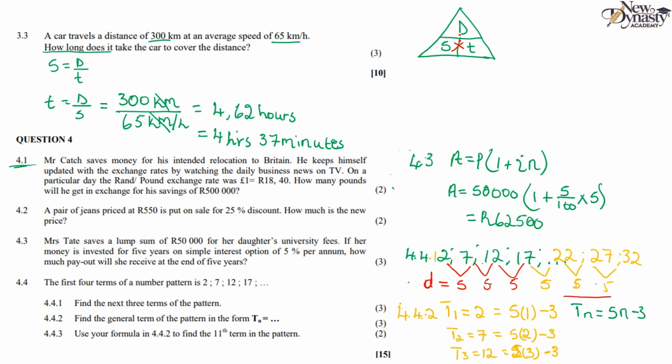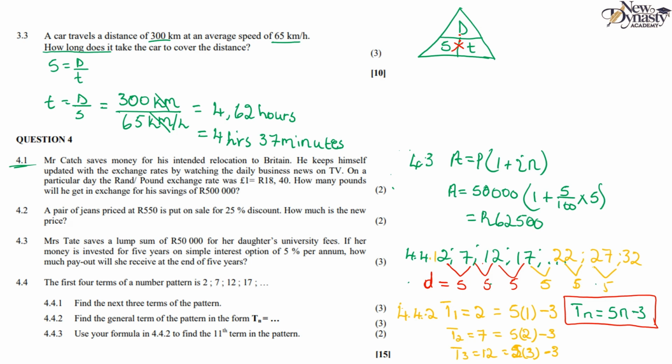And that's how you do your general term. I hope you do understand that. It's better if you practice this time and time again with different patterns, so that you get to be able to do any question that is given to you. I hope you understand that.